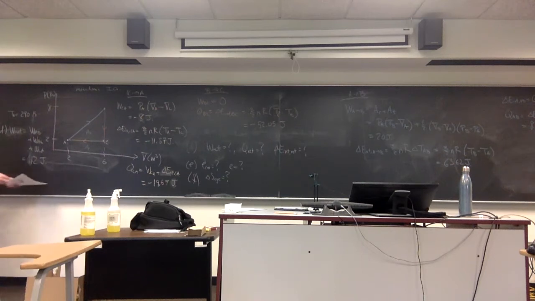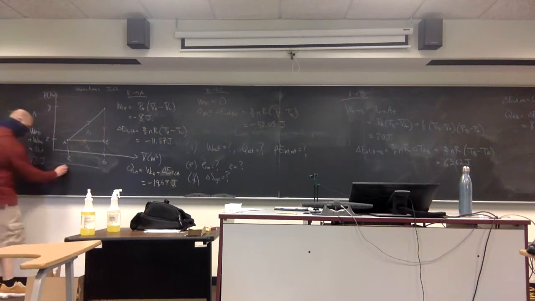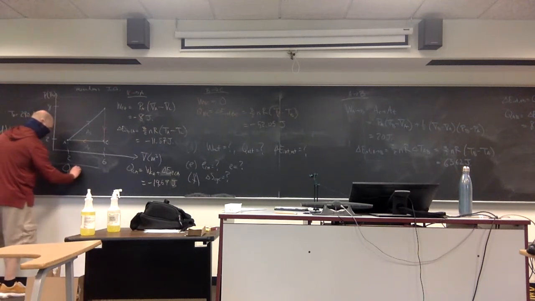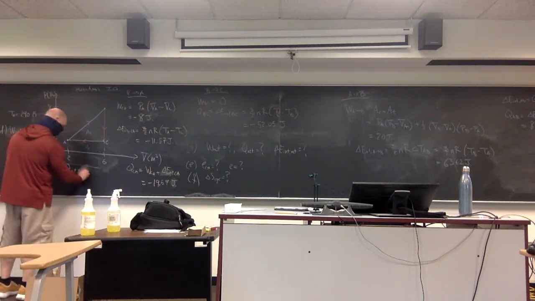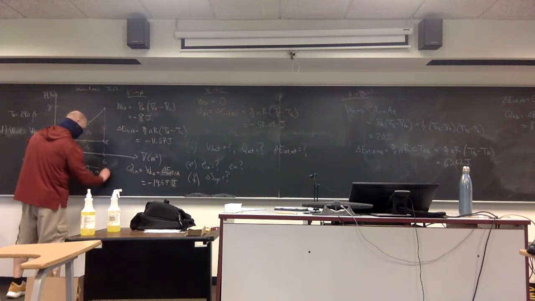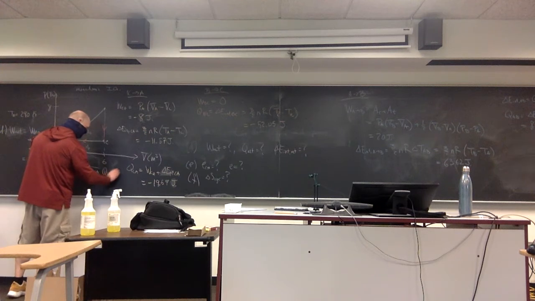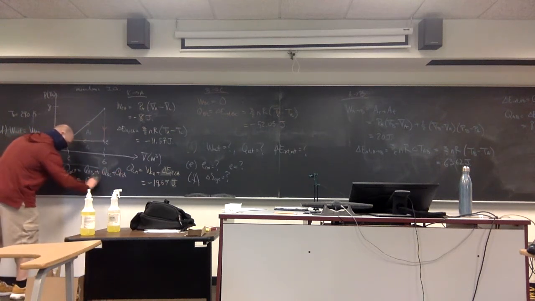The net heat is simply equal to all of the different heats. So Q net is going to be equal to Q going from A to B plus Q going from B to C plus Q going from C to A, which works out to also be 12 joules.